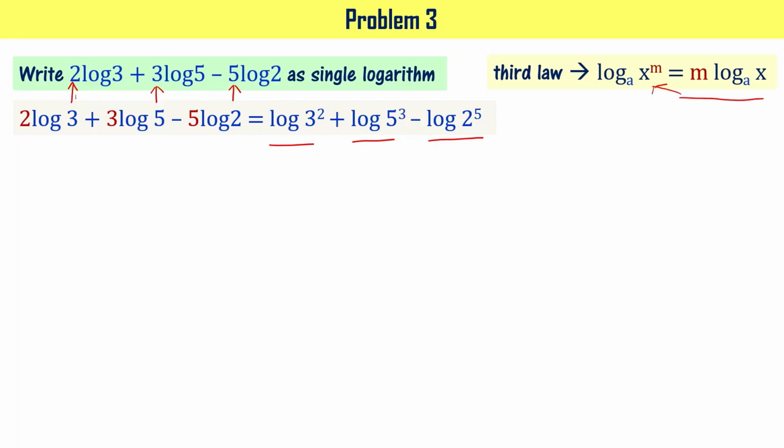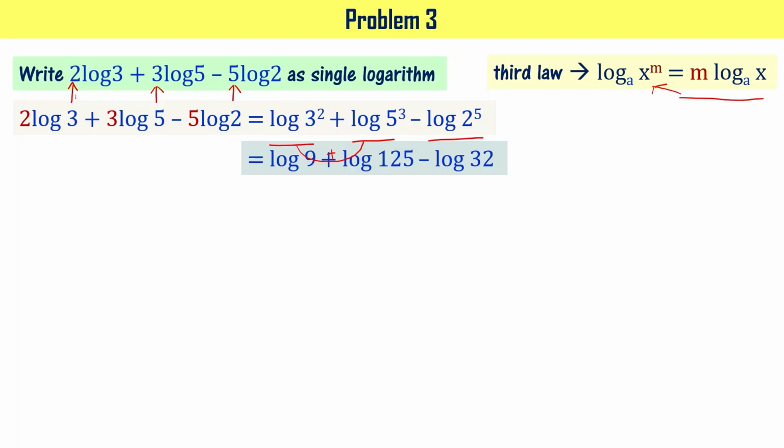Now, if you see these two expressions, these two terms have got plus. It means we can apply the first law for these two, right? Prior to that, I can write it as log 3 square equal to log 9 and log 5 cube equal to log 125 and log 2 power 5 equal to log 32, right?